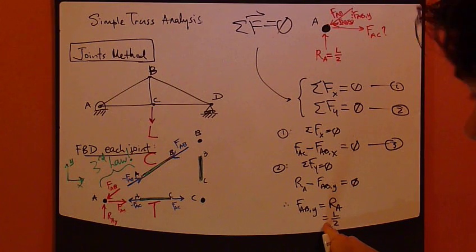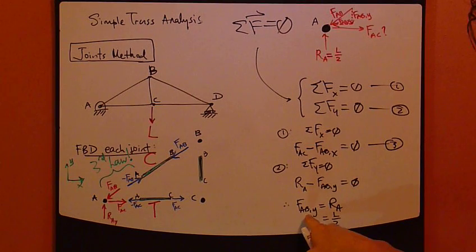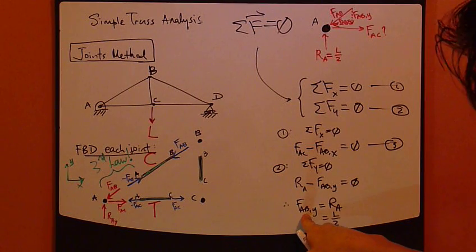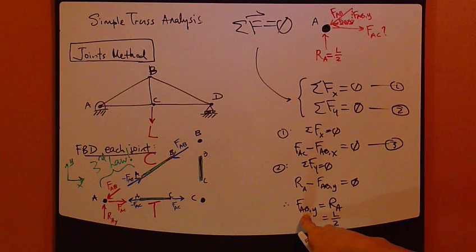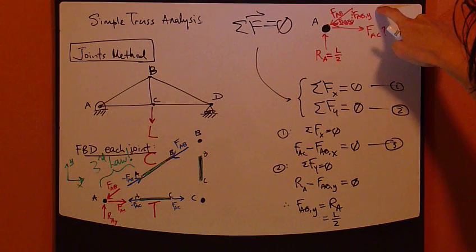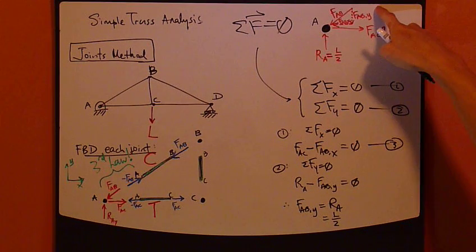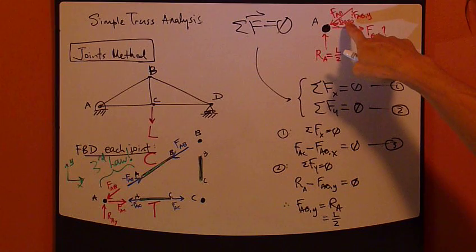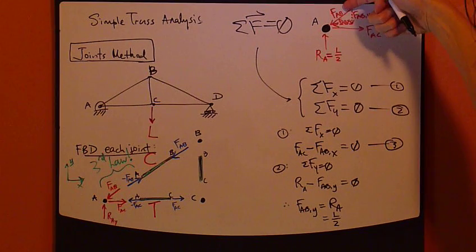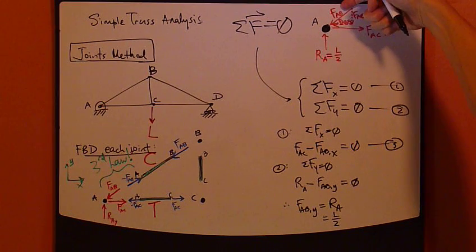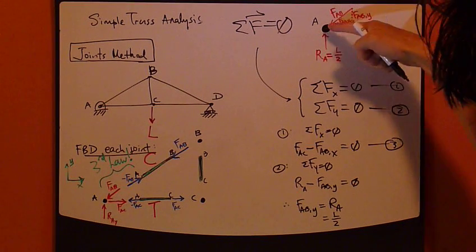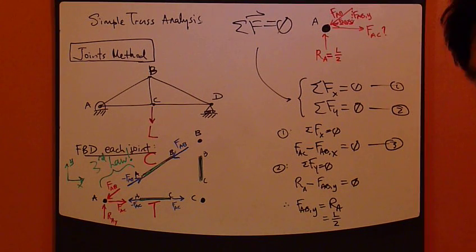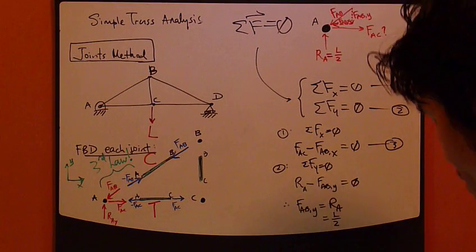Whatever it is, it's a known quantity. So that has been solved for. Now, knowing the y component, can you find the x component? And can you find this hypotenuse, FAB? Well, if you know the shape of this triangle, then yes, you can.